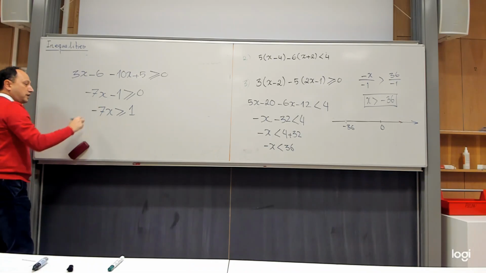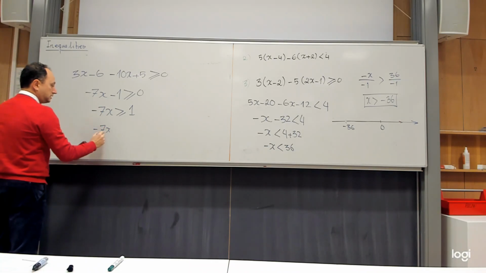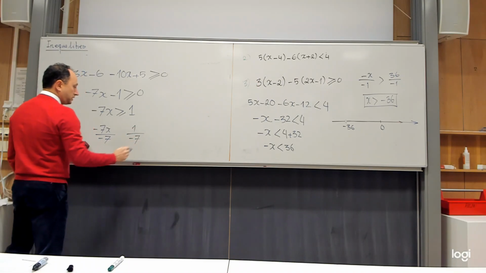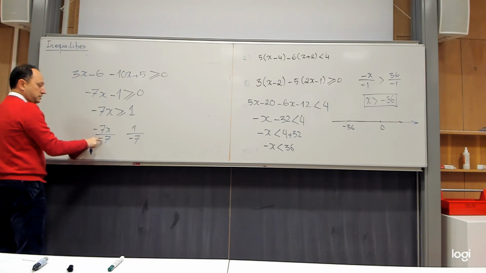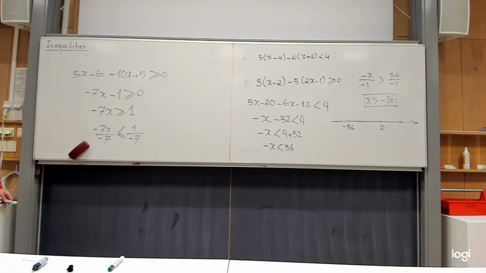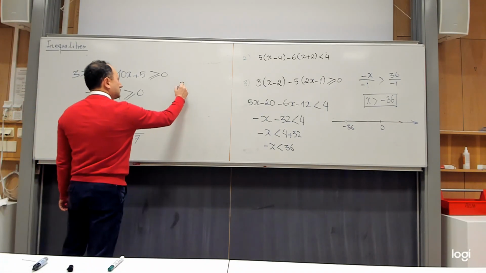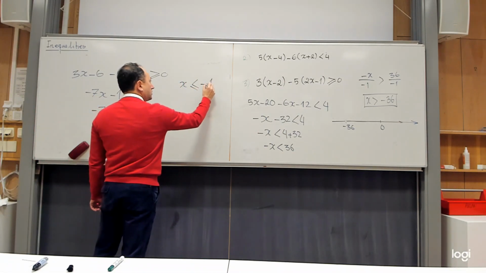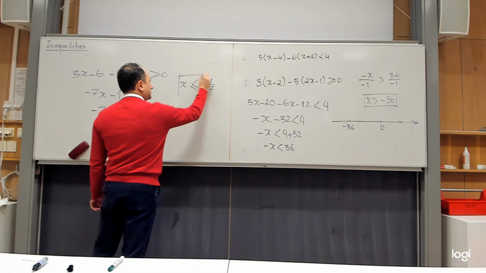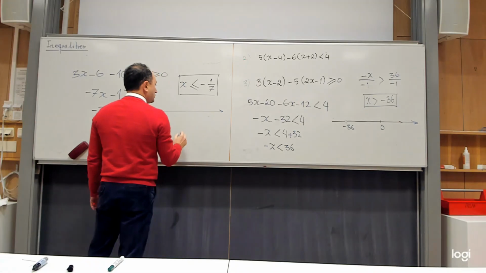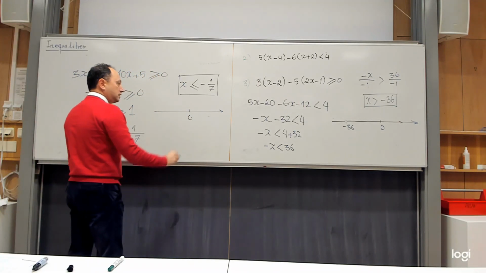Then I have to divide by minus 7 to make x alone. But the price that I have to pay because of dividing by a negative number is flipping the sign. Yes? This becomes x less than or equal to, this becomes minus 1 over 7. And then if you want to represent it, you just show the origin here.